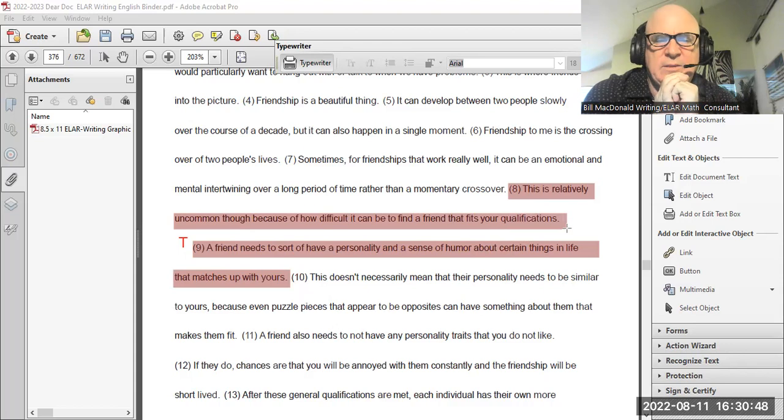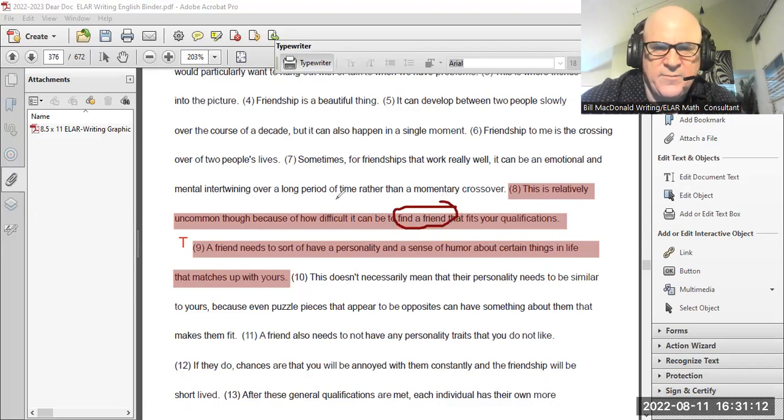This is relatively uncommon, though, because how difficult it can be to find a friend that fits your qualifications. So the key words here, and if you want to think of it like this, is what is it that they're talking about? Finding friends.